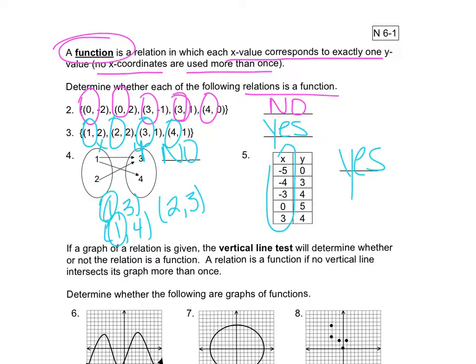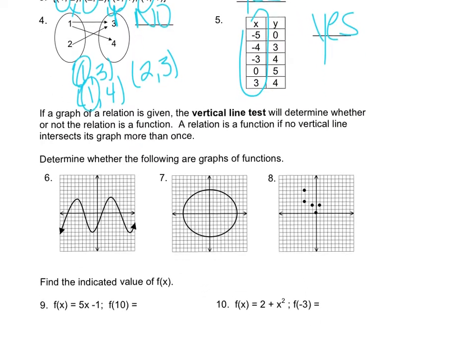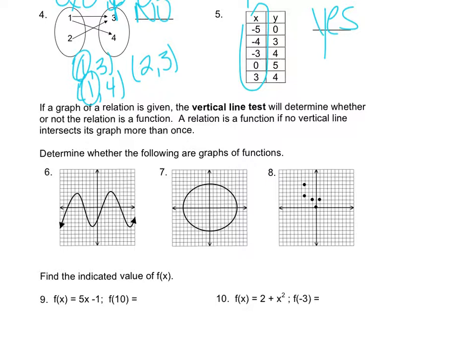Now, whenever you have a graph and you're determining if it's a function, you're going to be using the vertical line test to determine if your x's repeat or not. So it says a relation is a function if no vertical line intersects its graph more than once. So if you look at example 6, if you draw any vertical lines here, we only want it to be intersecting at one point.